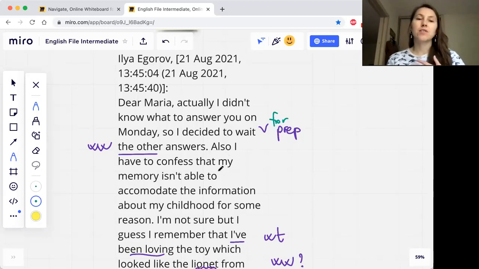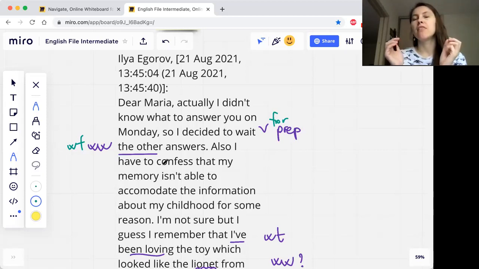The other answers. What is wrong with the other? So the mistake is called wrong word, or maybe I would even call it wrong form. So other, this is the key unit in this type of mistake. When you use the phrase the other, we usually mean something specific. I will give an example a little bit later.